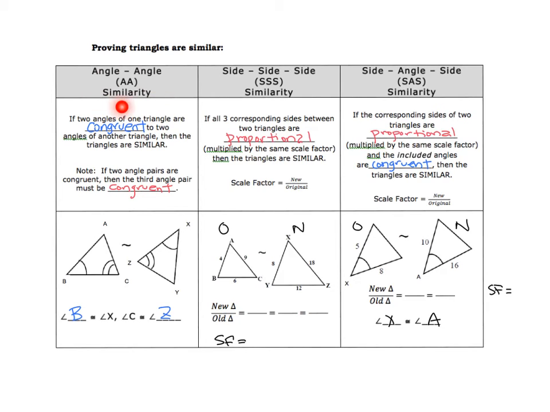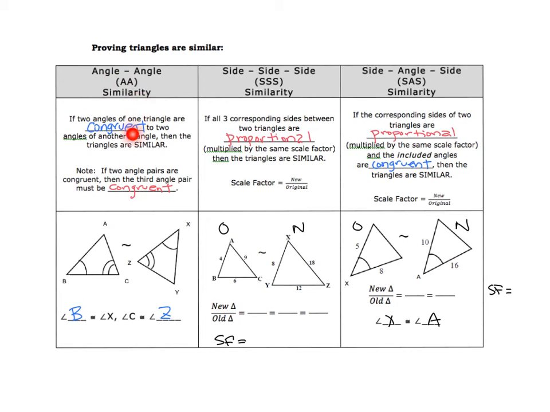Please know, angle-angle does not work for proving congruence. Side-side-side does work to prove congruence, and side-angle-side does also work to prove congruence. Okay? So side-side-side and side-angle-side can go both ways. Basically, they can be used for similarity and for congruence. Angle-angle only works for similarity.